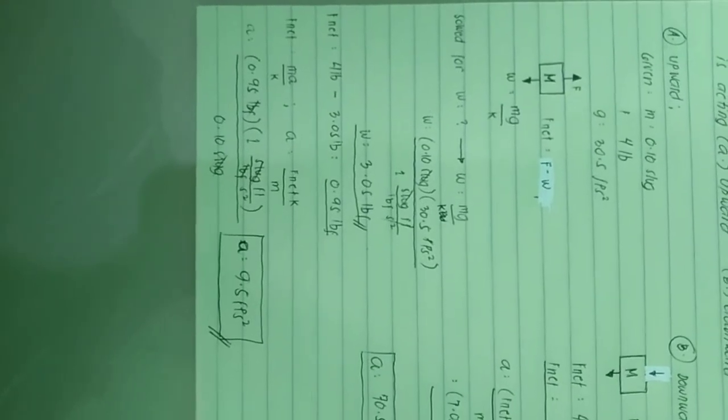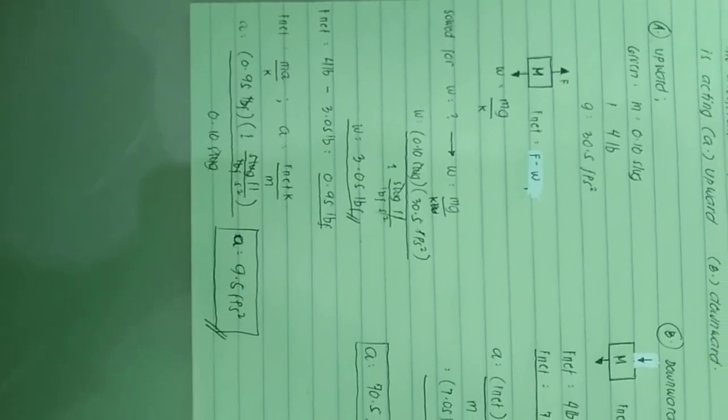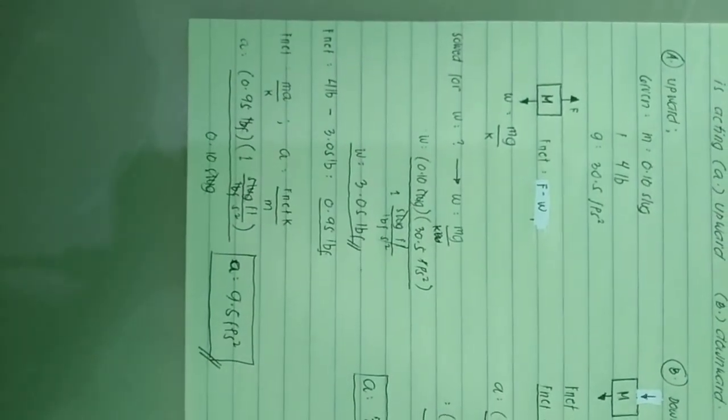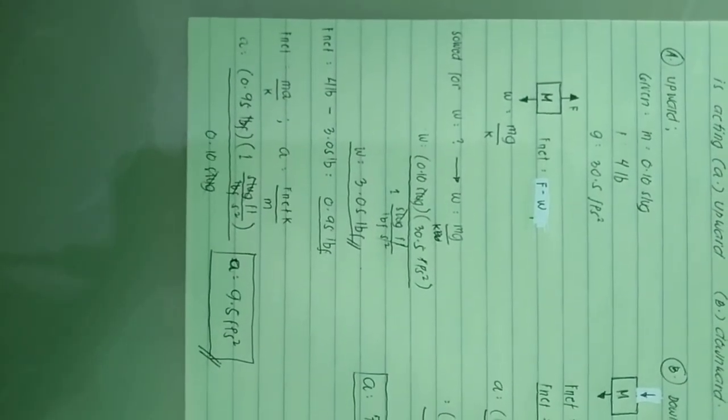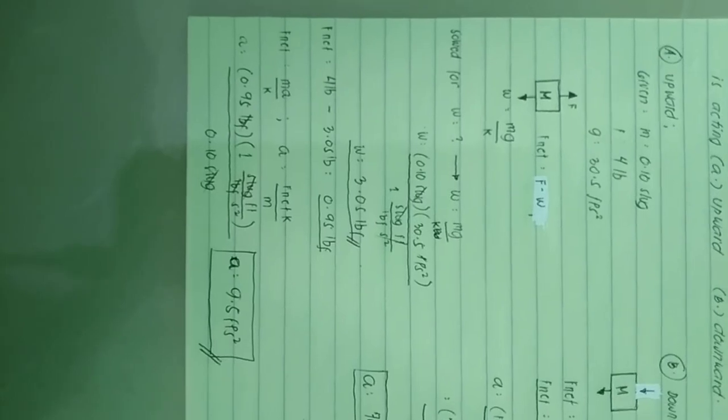Again, the formula for our F net is the force acting minus the weight. We have the force which is 4 pounds and our weight which is 3.05 pound force. So 4 pounds minus 3.05 pounds is equal to 0.95 pound force.